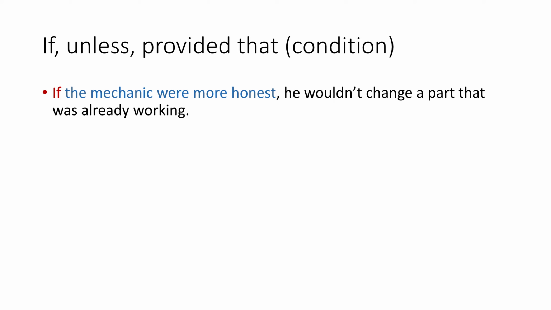And it kind of describes the conditions under which the action of the main clause, in this case changing or not changing the perfectly working part, is about. So it kind of describes the conditions under which this main verb happens or this main action happens. And that is what adverbial clauses do. They talk about the conditions or the quality or the time of the action or the state of the main clause.